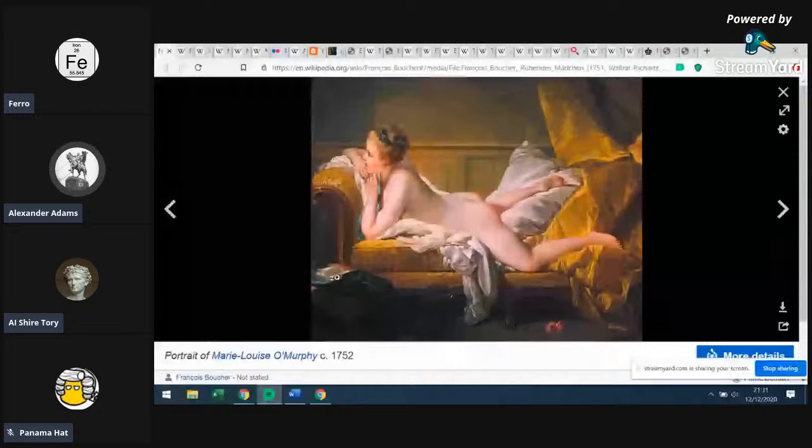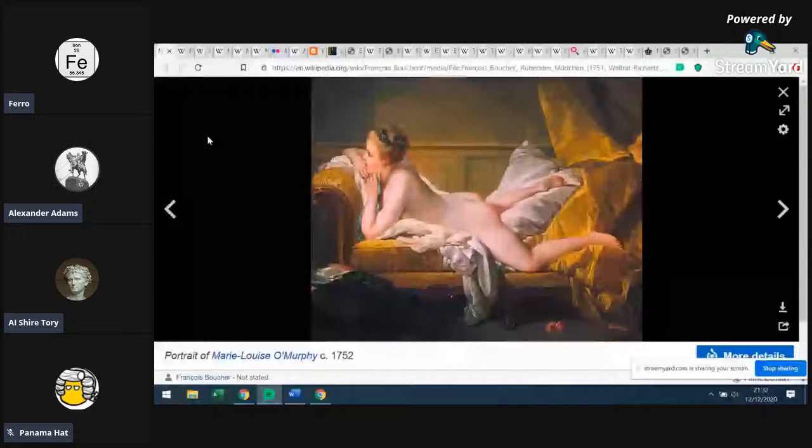Okay, I'm looking here at Wikipedia, and it says that she was born in France, even though she had Irish ancestry, and it goes on to talk about her as the mistress of Louis XV, and she died in 1814, aged 77.